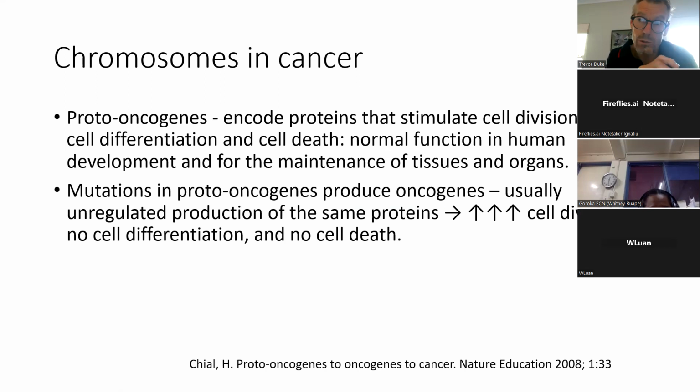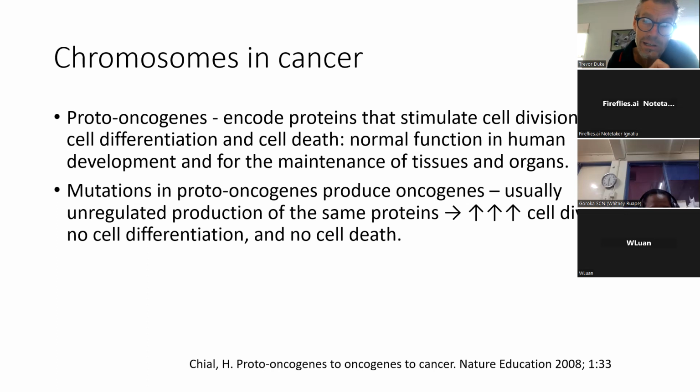Proto-oncogenes are genes we all have, and they stimulate cell division. So we normally have to have cell division. They inhibit cell differentiation, and they inhibit cell death. So it's helpful to have proto-oncogenes. They have a normal function in human development and maintenance of tissues and organs.